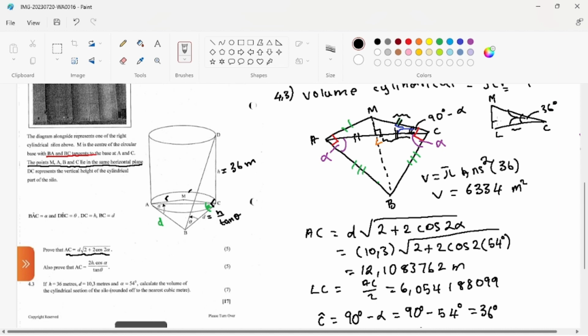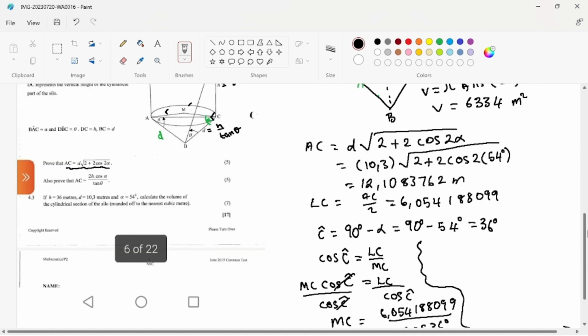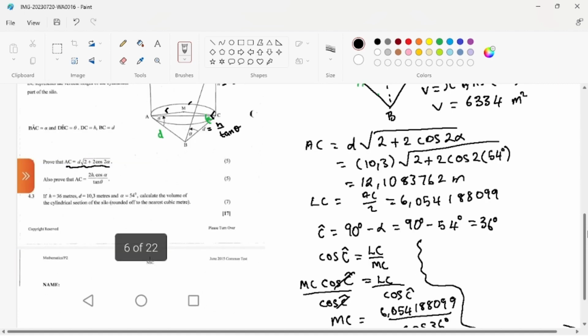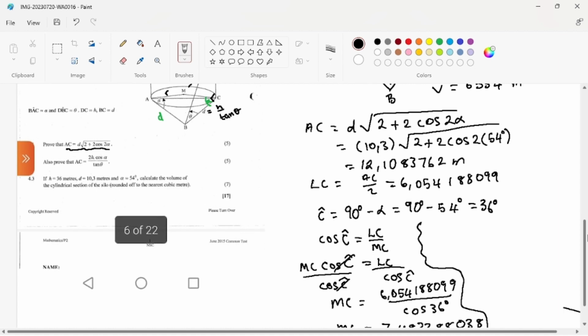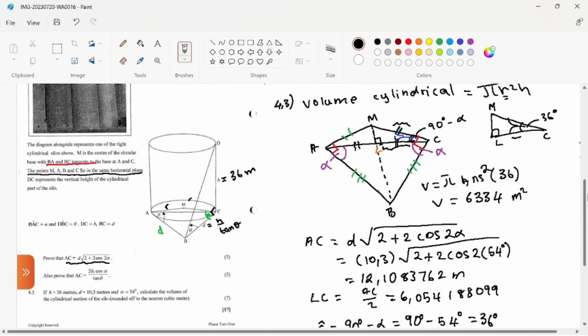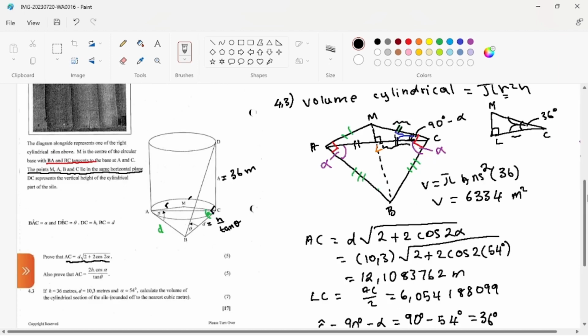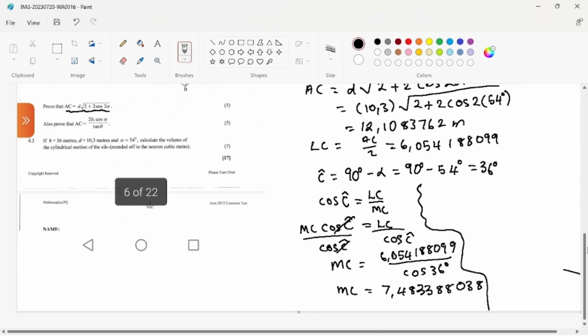The reason I didn't use the whole AC is that I wanted to work with the right-angle triangle so that I can use a simple trigonometric ratio, which is cos C. I get you 100%.